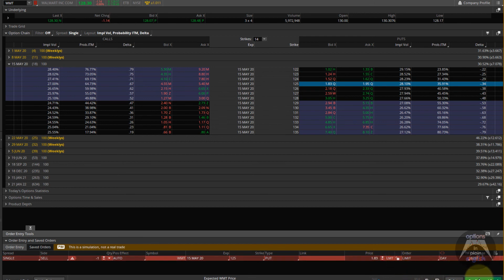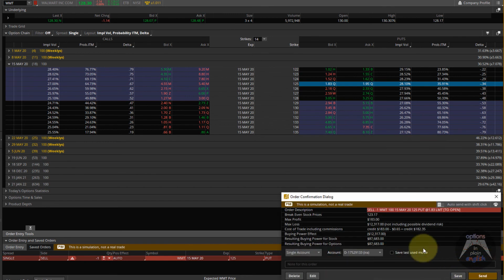And now we're going to analyze what we're going to have in our transaction here. It says right here that the max loss is $12,317. Why? Because it's the 125 strike, so you can only lose the amount from here to zero, so 12,500. But we are receiving $183, so that helps offset the loss.